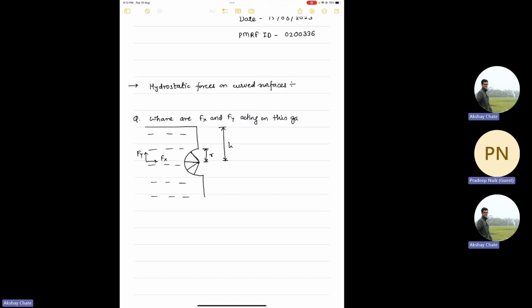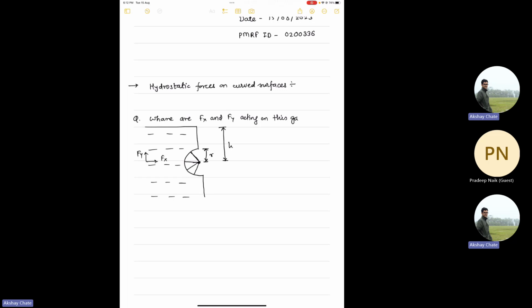Sir, where will the hinge of the gate be? It is at the center, but just listen to the question; whether this hinge part is required or not, we will decide later.